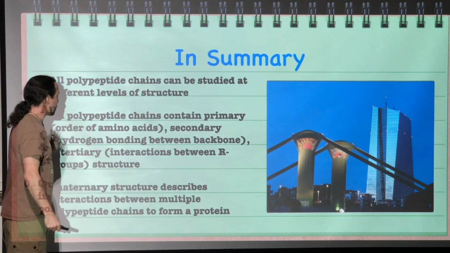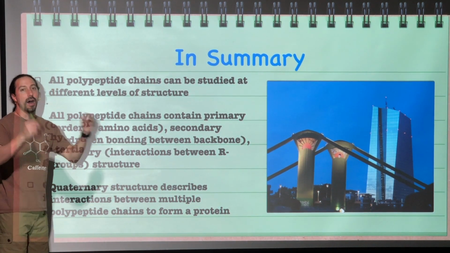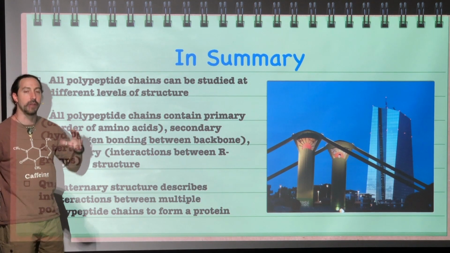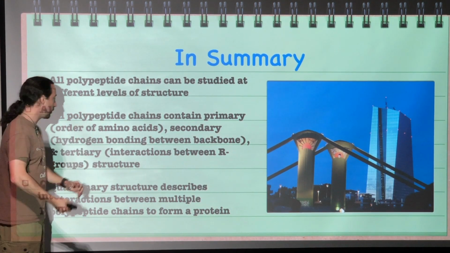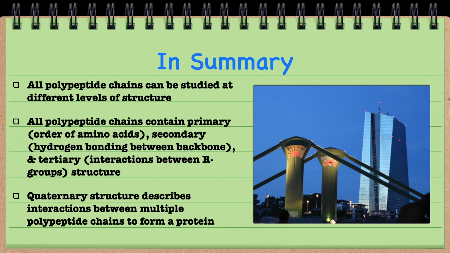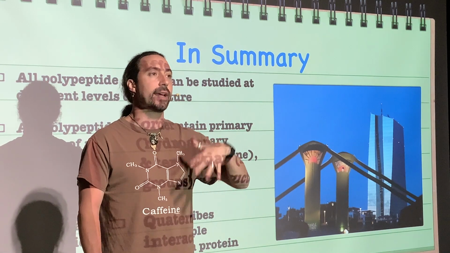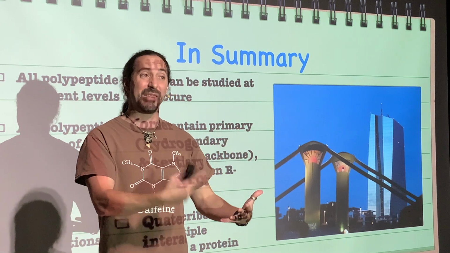And some have to have another, a 4th layer of structure, which would be another polypeptide chain interacting with them. So that's how we analyze our proteins, from those different levels of structure, so we can determine exactly what they're made of and how they're put together. So we can understand the structure, which helps us understand the function and how they can function.